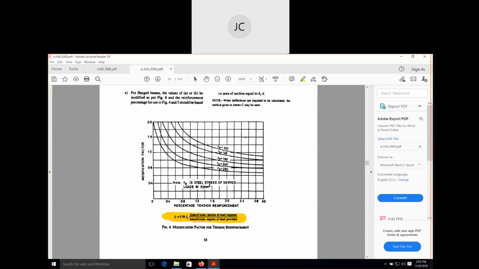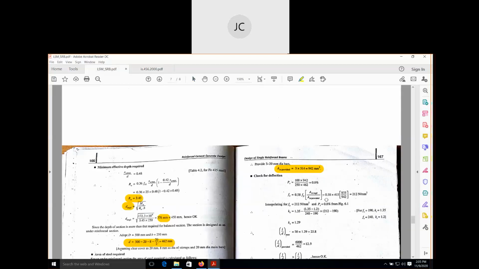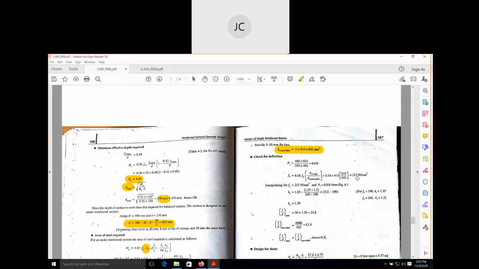So if you use this formula you will get Fs equal to 212. So now with these two values you have to find out the value of modification factor. This is KT from IS456.